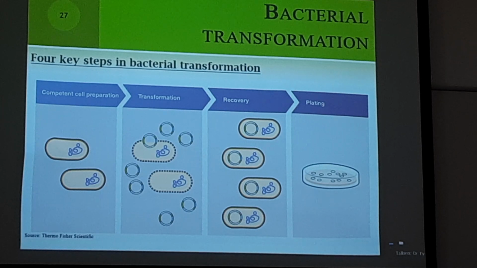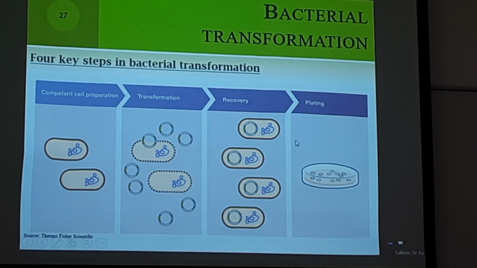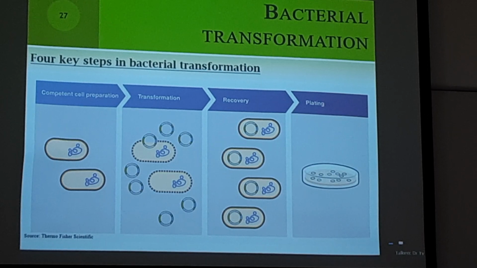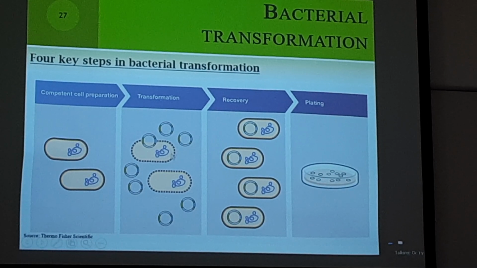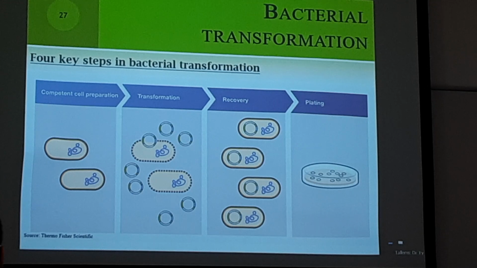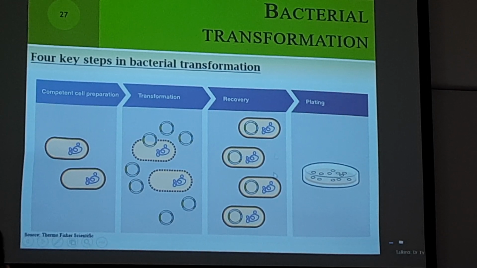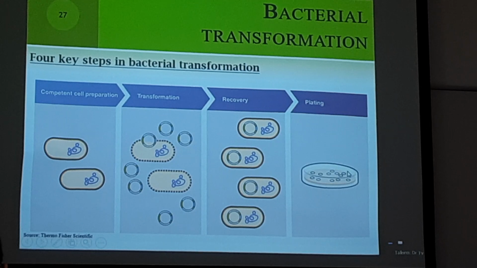And then transformation again. Okay, for bacteria, we have many methods. Again, you can do heat shock, you can do electroporation, and you have to allow them to recover a bit after transformation, because the cells are kind of fragile after transformation. They are forced to open up more. Their protecting layer, so you have to allow them to recover before you further grow them.